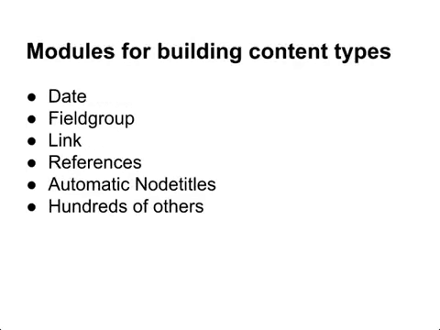And then these are some modules that we're going to use for building content types. The first 4 of these are modules that provide a certain kind of field. We can talk about fields in a moment. They're basically fields on the content types where you can put in a certain kind of data.